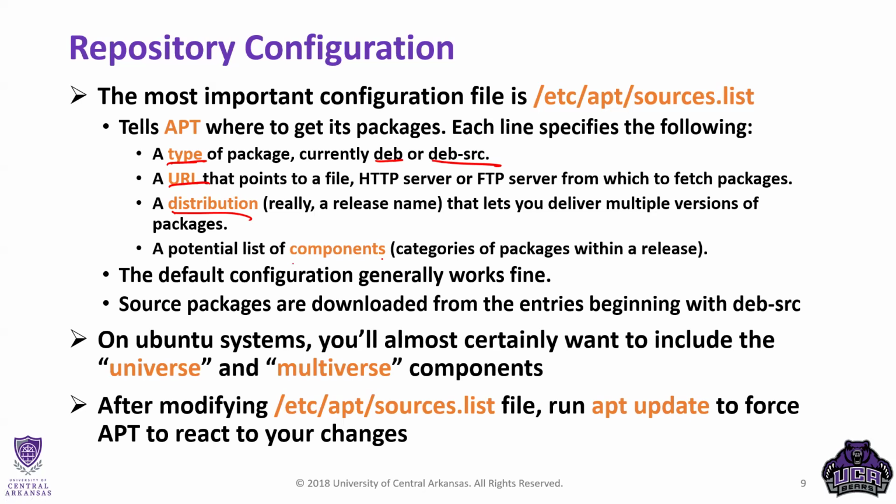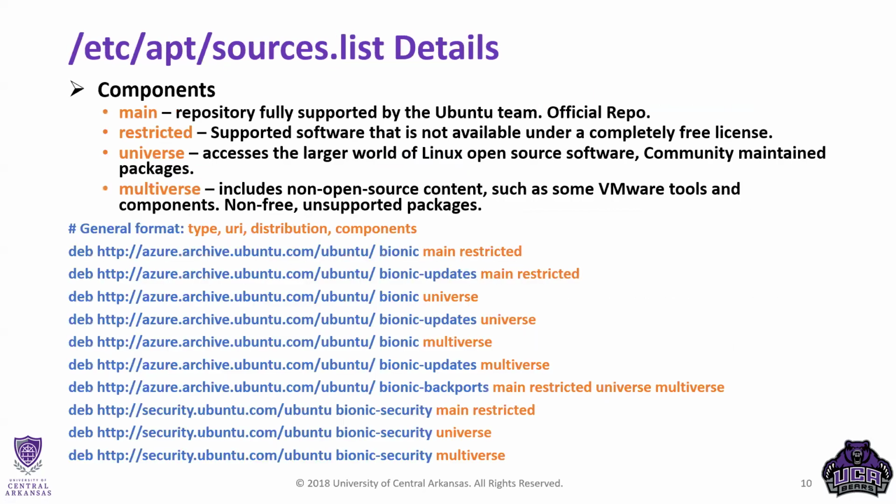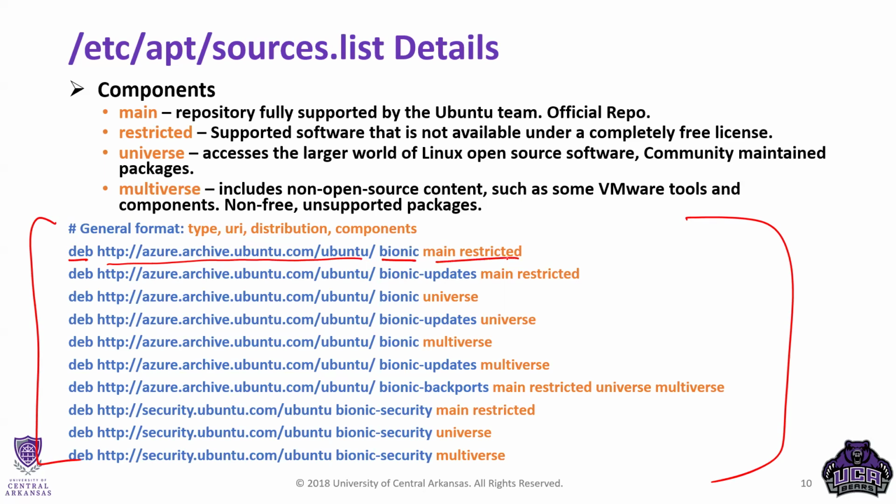And then you've got these components, and we'll break down those components on the other side right here. So here's the component section, and here's what it actually looks like. You can see you have the type, the URL right here, the distribution there, and then we have our components broken down.